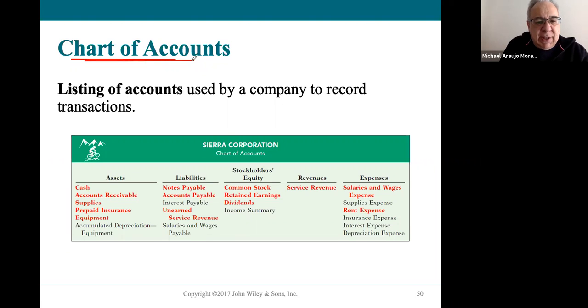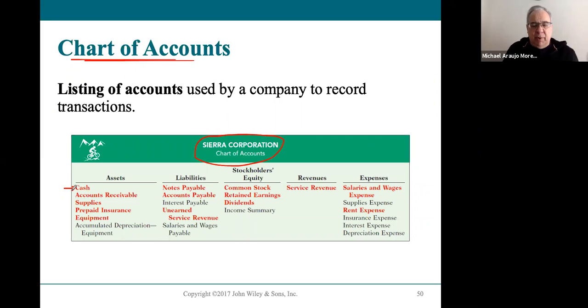So a chart of accounts is simply the list of accounts that a company, in this case, Sierra Corporation, is starting with. They have the following asset accounts. They have the following liability accounts, stockholders' equity accounts, revenue and expense accounts that are listed here. This listing, each one of these accounts would have its own separate section in the ledger.